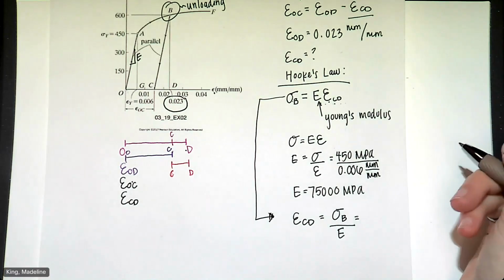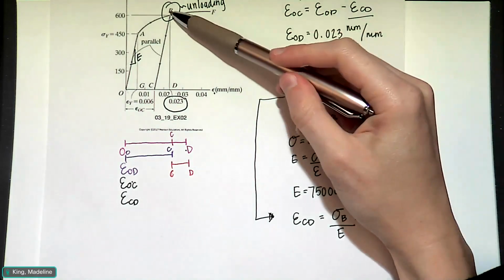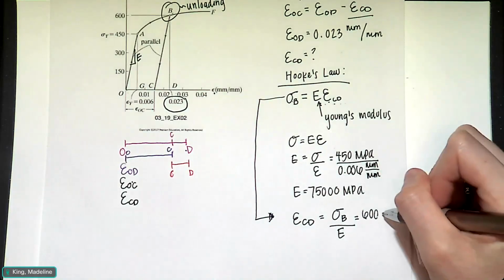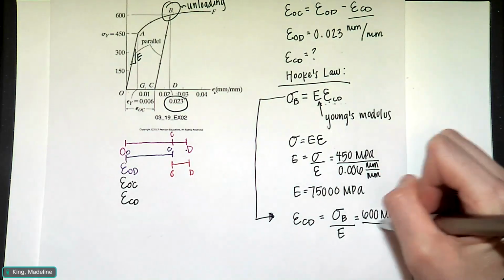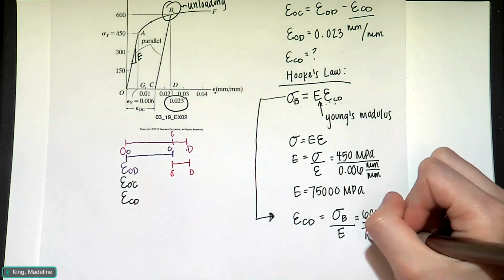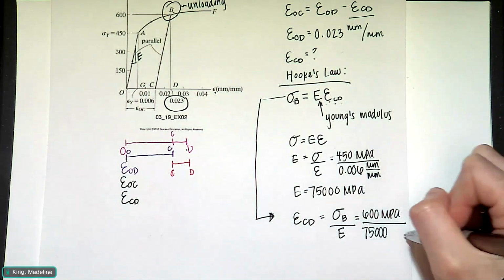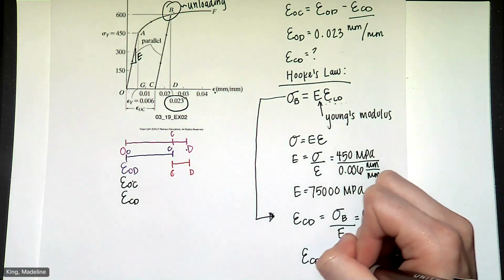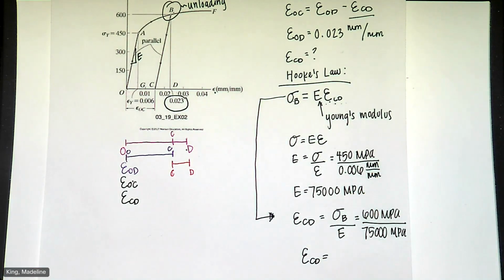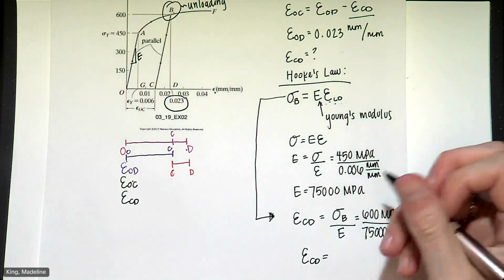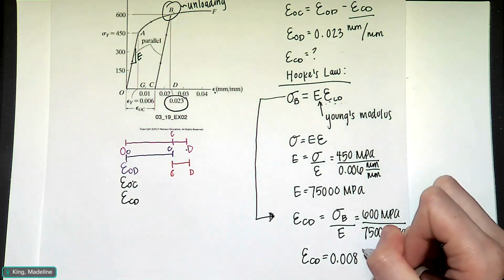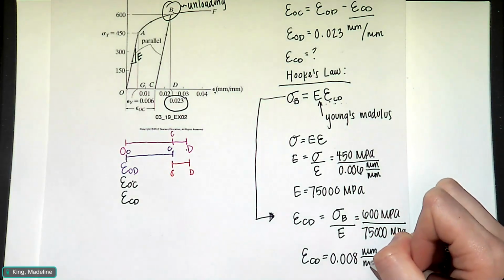So then our sigma at B is 600 megapascals, all over 75,000 megapascals. So our epsilon CD will be 0.008 millimeters per millimeter.